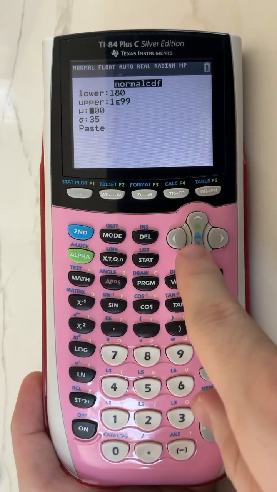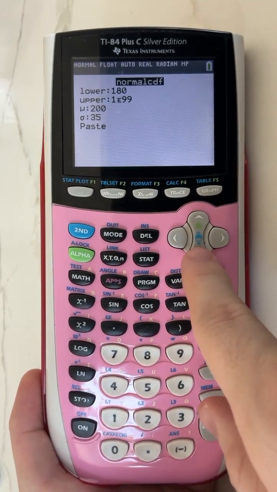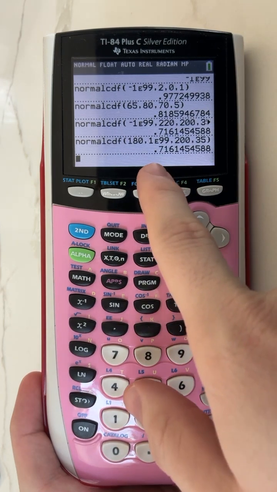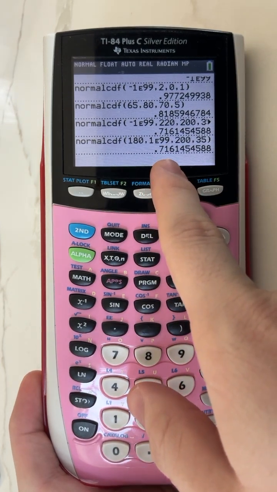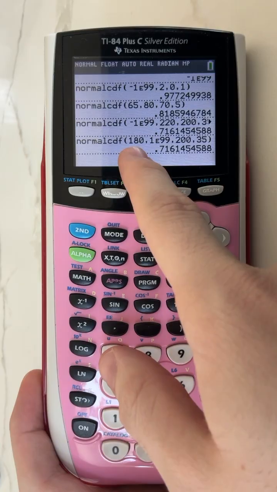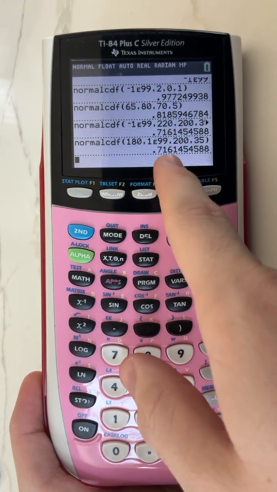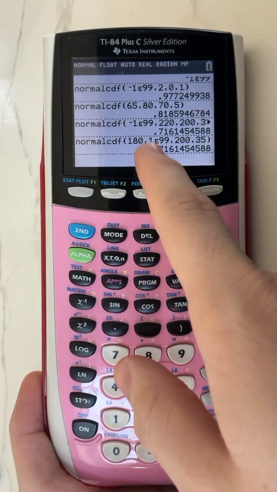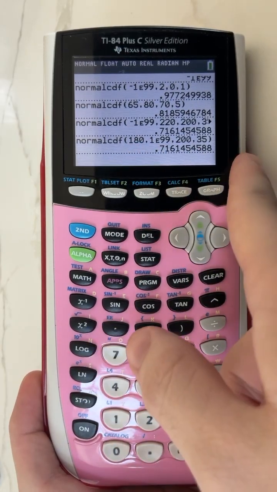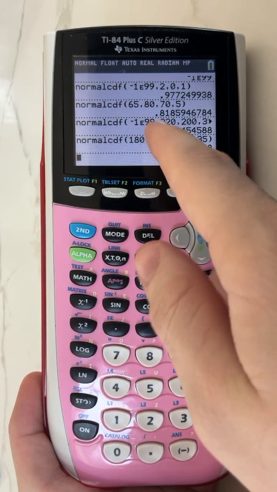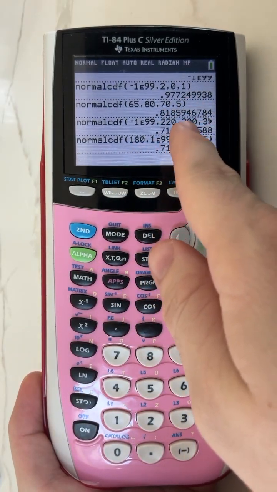And then these are the same mean and standard deviation, so we'll just paste and find out that 71.6% of people weigh more than 180 pounds. And note, that's kind of special because of the symmetry. It's the same answer as before because 180 and more should have the same area as 220 and less because they're both 20 away from the mean.